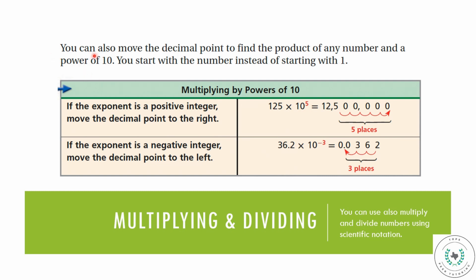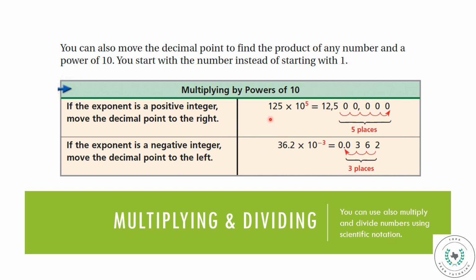So it states you can also move the decimal point to find the product of any number and a power of 10. You start with a number instead of starting with 1. So whereas you would normally start with 1 as your base value, instead you're just going to be starting with whatever value is being multiplied by the power of 10.